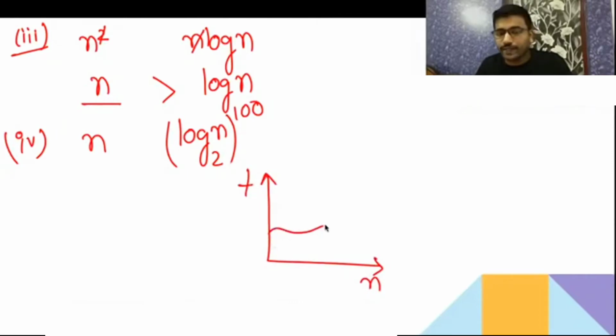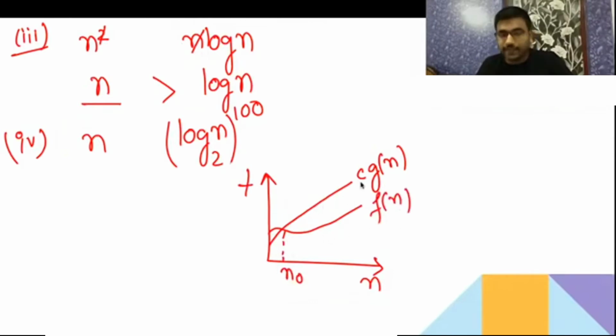It was going like this, and after some value n naught, it was always going greater. Okay, that we have seen in theta. So I have told you that n is going to be greater than or equal to n naught, and for bigger values we are always going to think. So in this problem, if you take some smaller value, then you will get an incorrect answer. But if you take a bigger one, then you will get the correct answer.